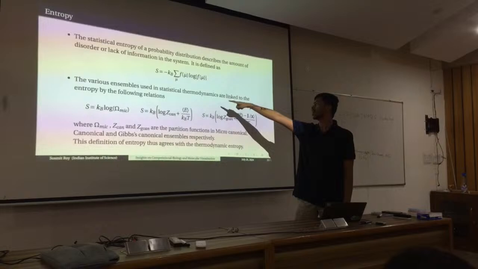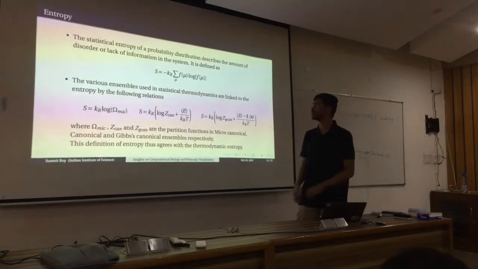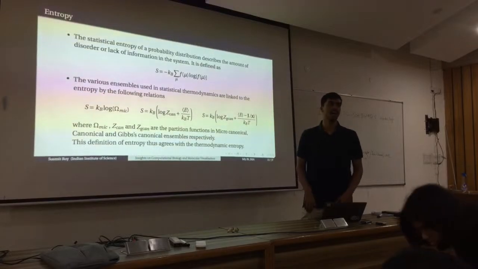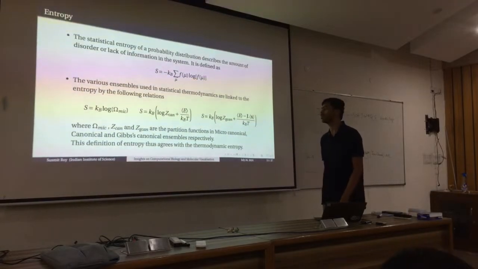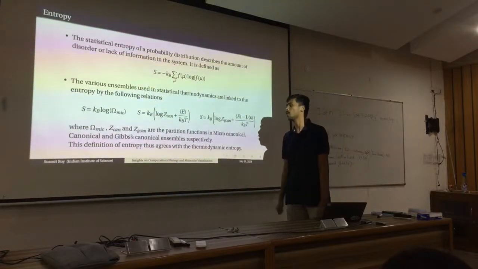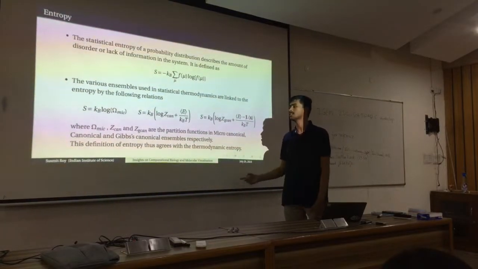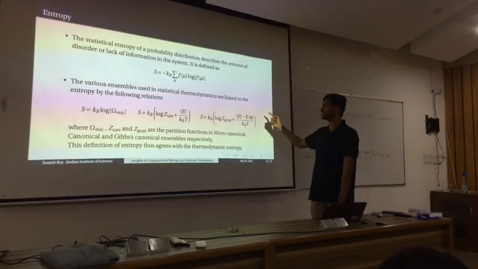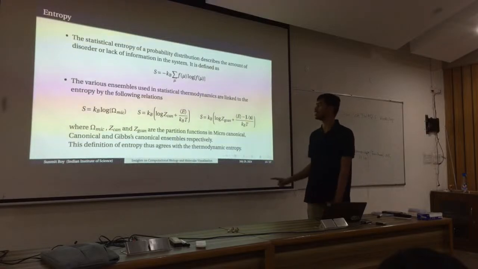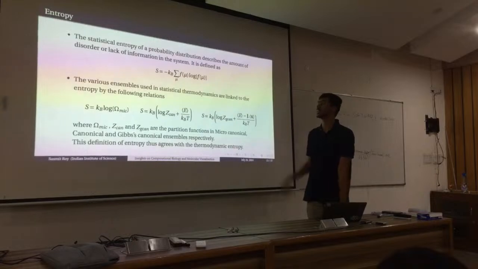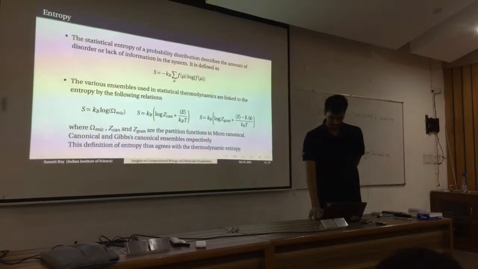This S gives you how much disorder is present in the system, and the lack of information in the system. And when you apply this formula to all the ensembles, you get these formulas, and it's seen that they are the same as the ones in thermodynamics. So your thermodynamic entropy and the statistical entropy match.